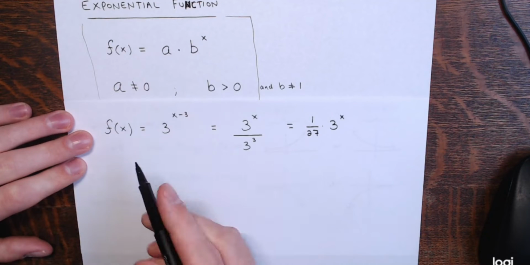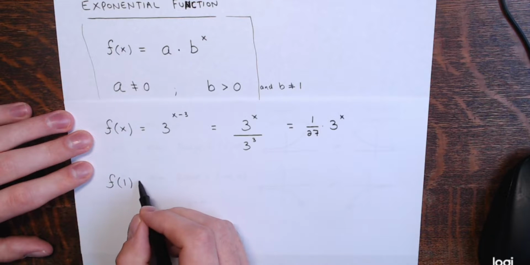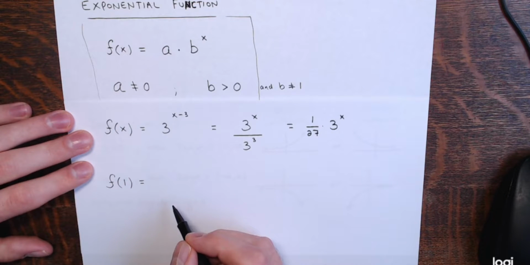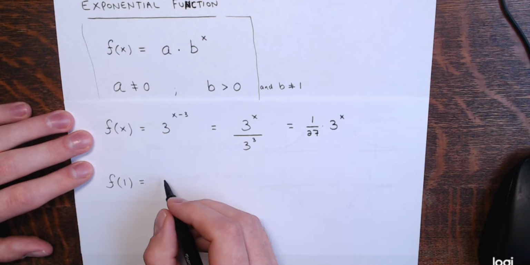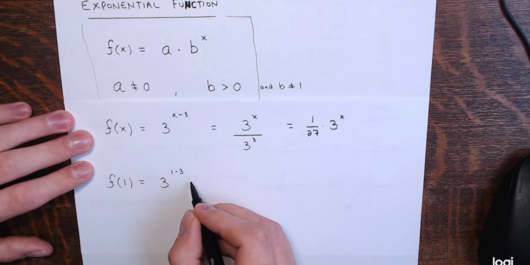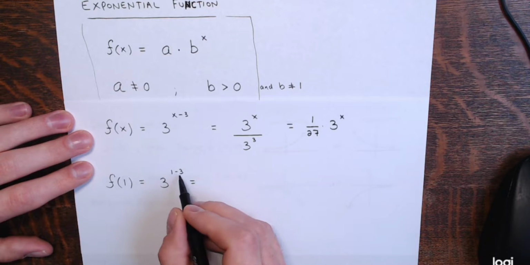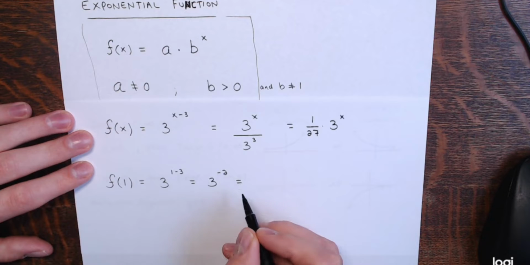All we're asked to do is find the value of f of 1. So again, you should know how functions work. I plug in 1 for x and see what the output is. So this would be 3 to the 1 minus 3 power. Now 1 minus 3 is negative 2. And I hope you remember how negative powers work.